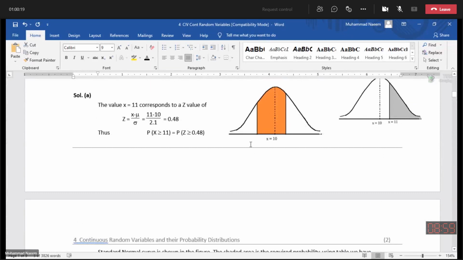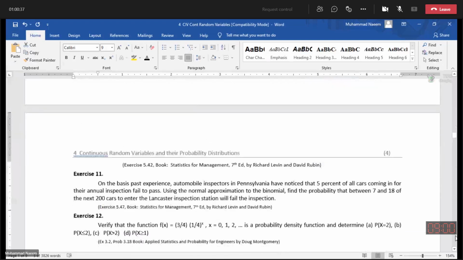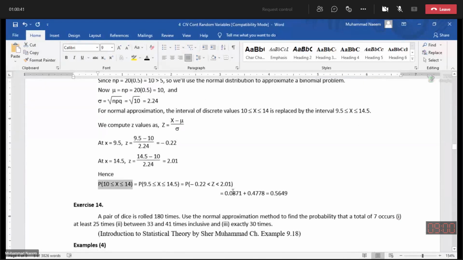As we have converted our points in terms of z, for this point we will get this area, and for this point we will get this area, and the probability from this point to this point is needed. That's why we will add the tabulated areas, getting the required answer.